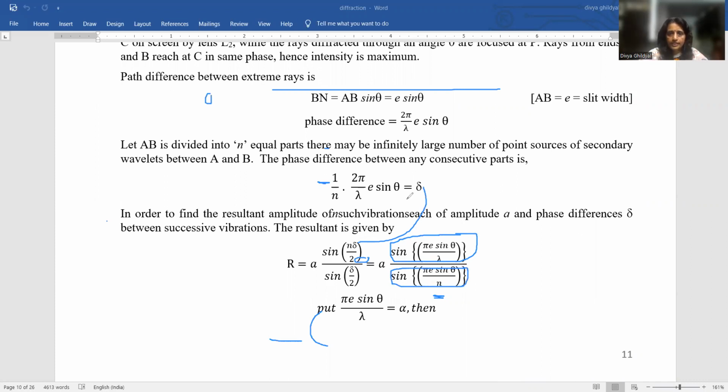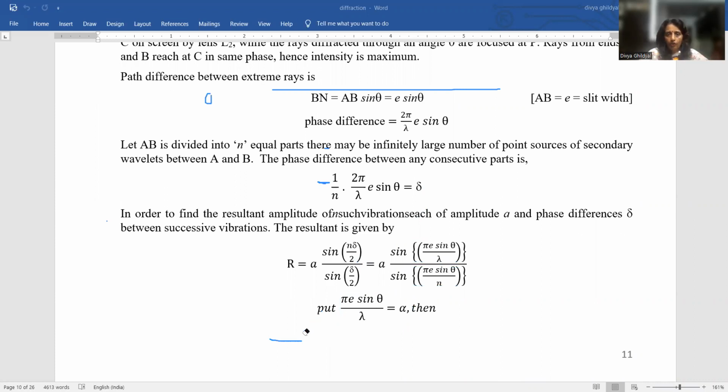We have put this del value here. Now pi e sine theta by lambda, we will put it equal to alpha. We are doing all this only to make the expression look simple. That is all. So we are taking this effort.